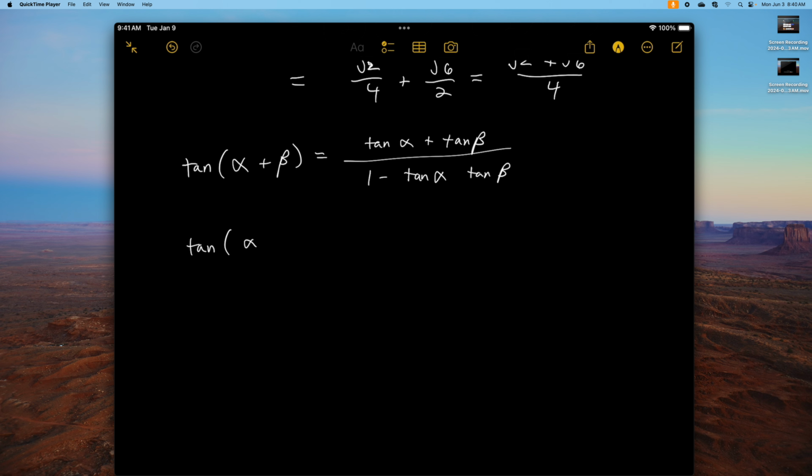And then if we want to do the difference, alpha minus beta, it's going to be tan alpha minus tan beta over 1 plus tan alpha tan beta.